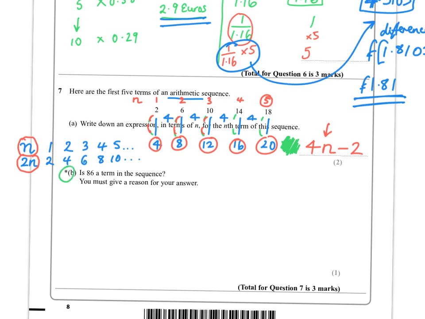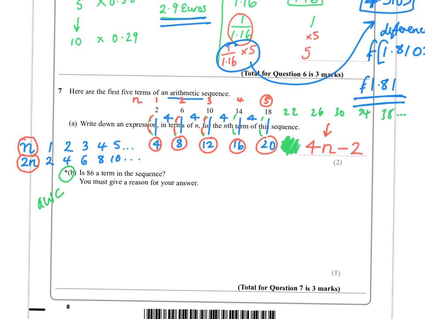Now we've got QWC, quality of written communication. Is 86 a term in the sequence? You must give a reason for your answer. Now, if you're getting stressed, you'll probably add 4 to this until you go off the page, something which I don't necessarily recommend, and I'm not going to carry on because it'll take probably too long.